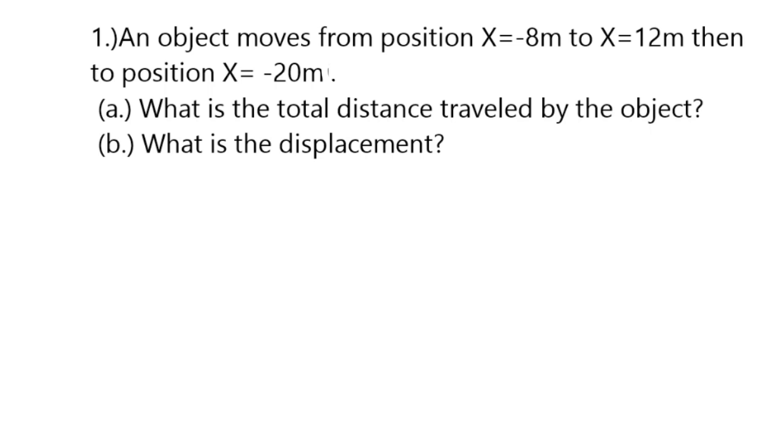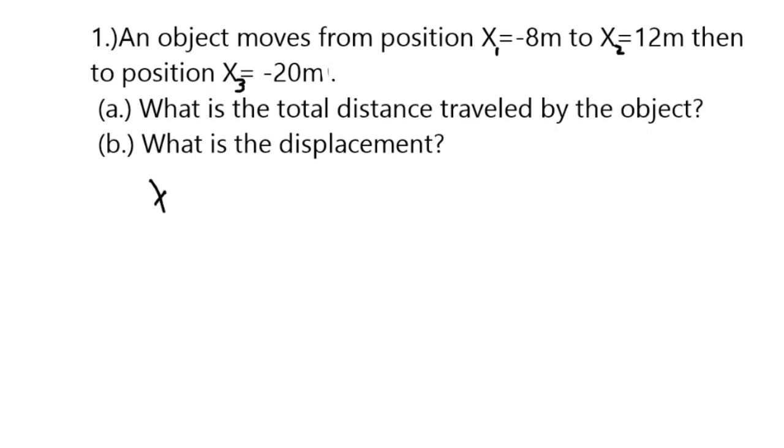So let's say an object moves from position x sub 1 equals negative 8 meters to x sub 2, which is 12 meters, then to position x sub 3 equals negative 20 meters. So part A, what is the total distance traveled by the object? And part B, what is the displacement? So to solve this problem, we're just going to analyze it.